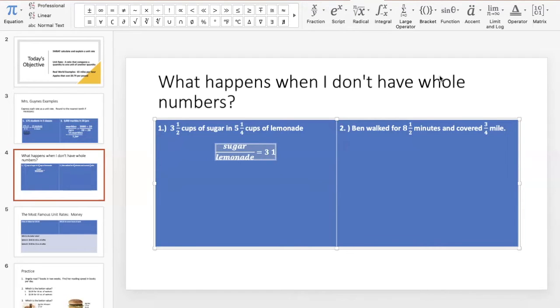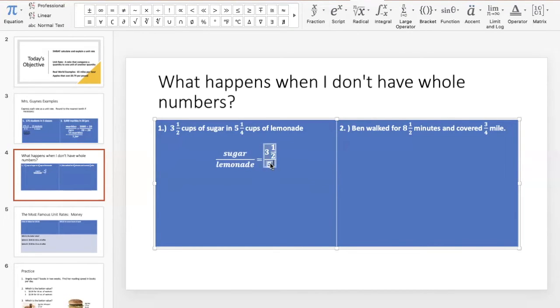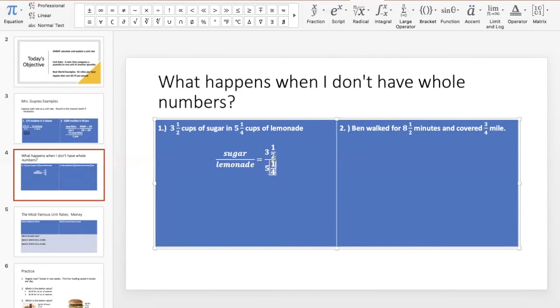Well, here we have 3 1/2 over 5 1/4. So in order to get 1 as my denominator, I have to divide 3½ and 5 1/4 by 5 1/4. So 5 1/4 divided by 5 1/4 is of course 1.